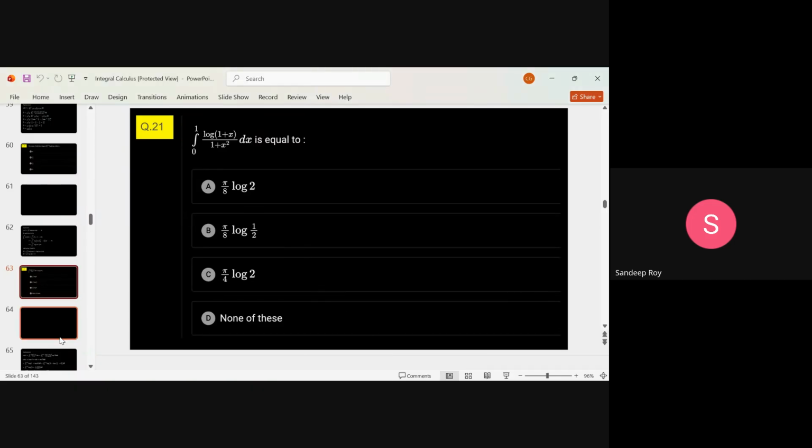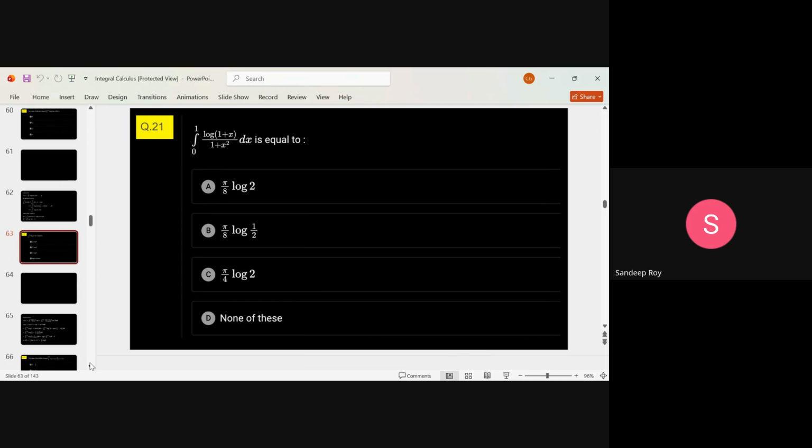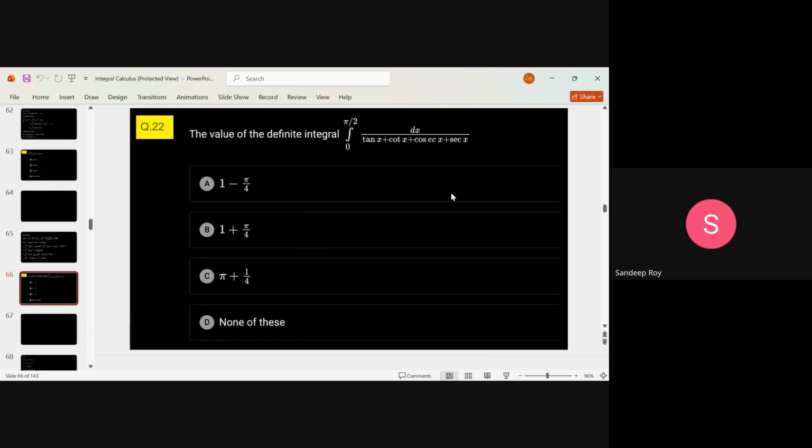Okay. So let me go to question number 22 quickly. So try this one. This is also another question from definite integration.